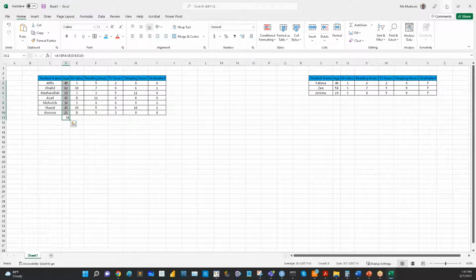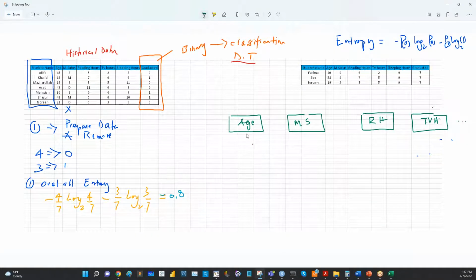We're around 40. 38. So this is greater than 38, and this is less than 38.